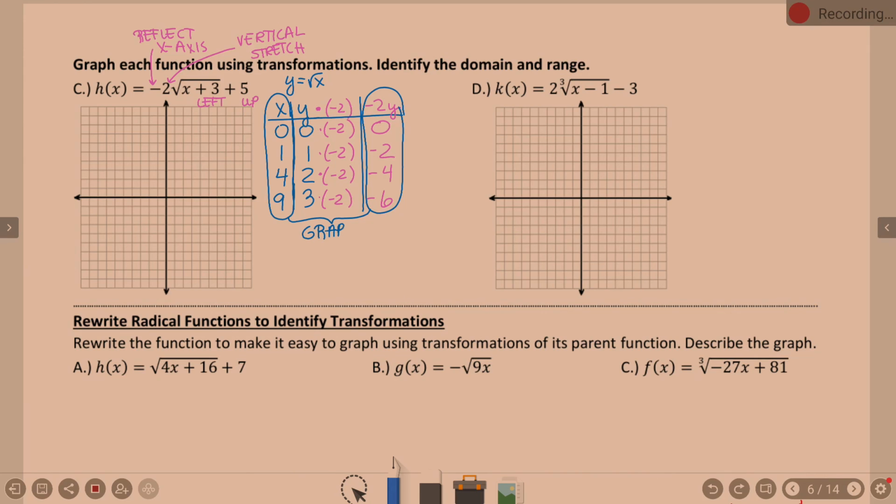Then I will move left 3, up 5. Actually, you'll probably squeeze in domain and range down there if I put the up 5 there.